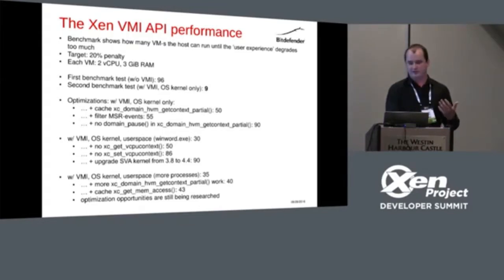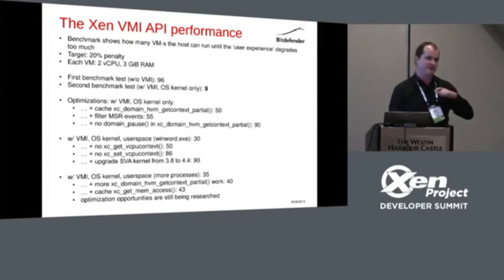Another thing we did was also drop set vCPU context. Once you set the registers in the VM event and you reply to that event, Xen would copy the data into the vCPU state. There was a little bug there. There's a patch for the current Xen version that fixes that. So that got us to 86.